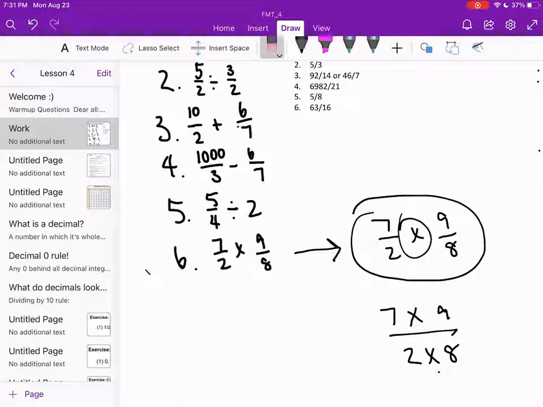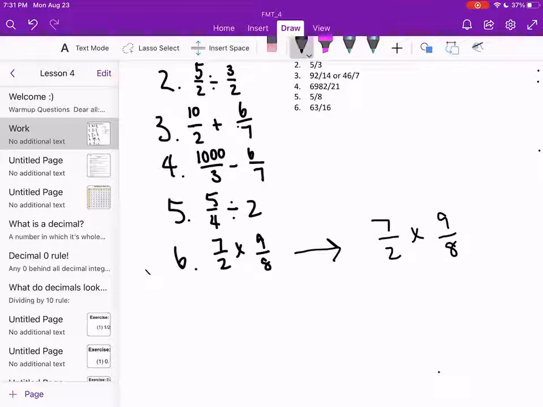So instead, when you're multiplying two fractions, you just multiply the first number's numerator by the second number's numerator, and then you multiply the first number's denominator by the second number's denominator. So what would this look like? Can you say that again?